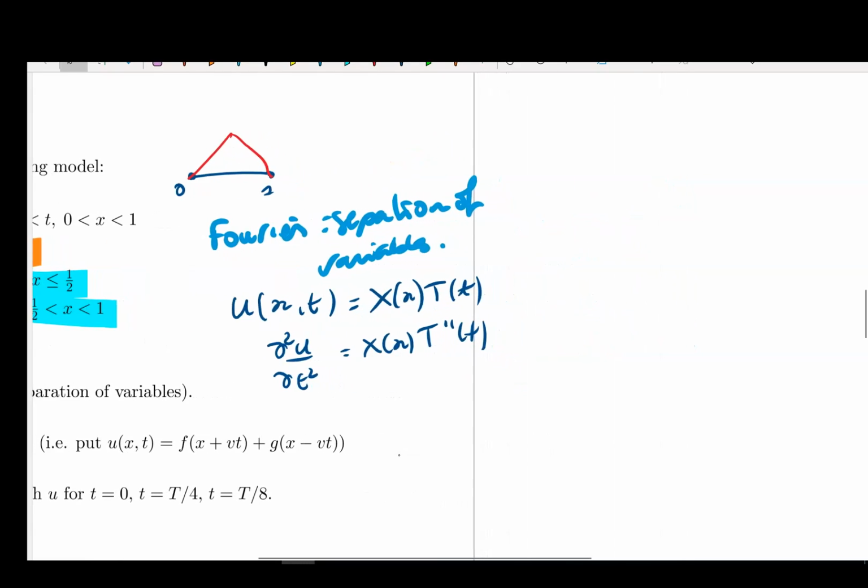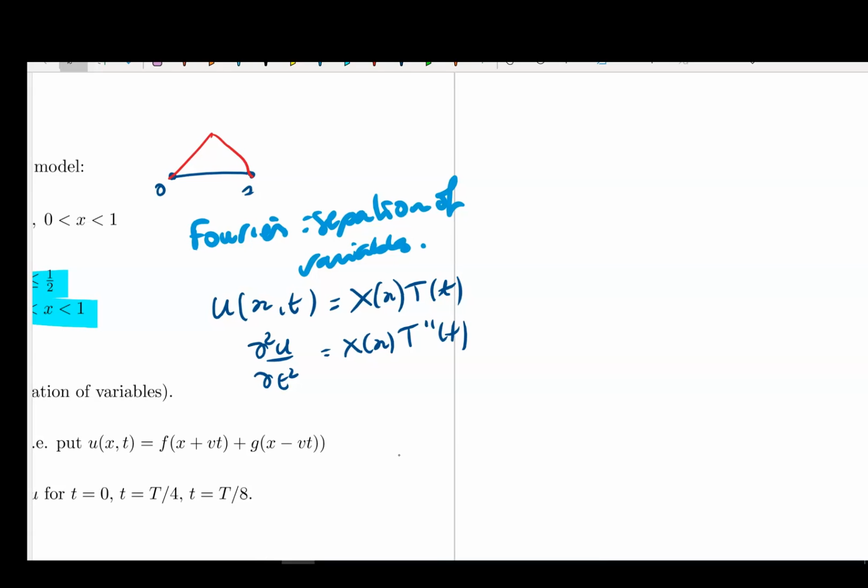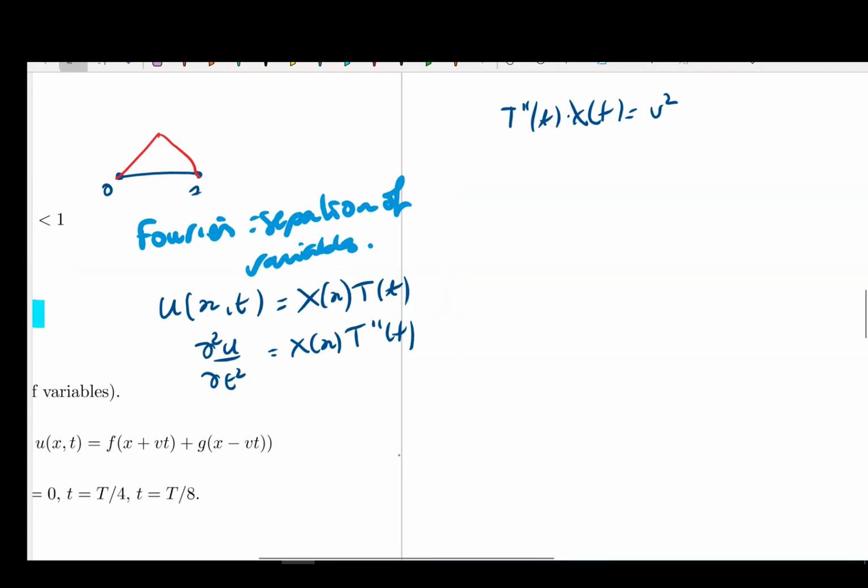So my equation is rewritten as T second of t times X of x is equal to v square times X second of x times T of t.